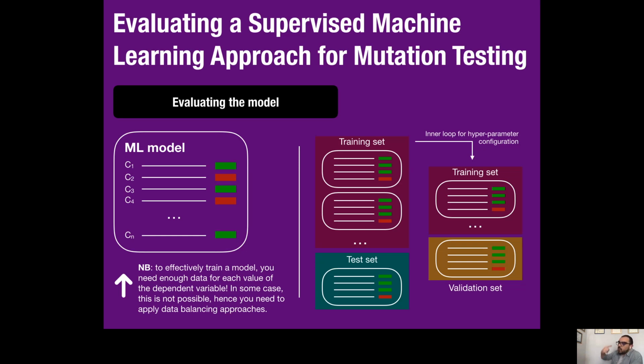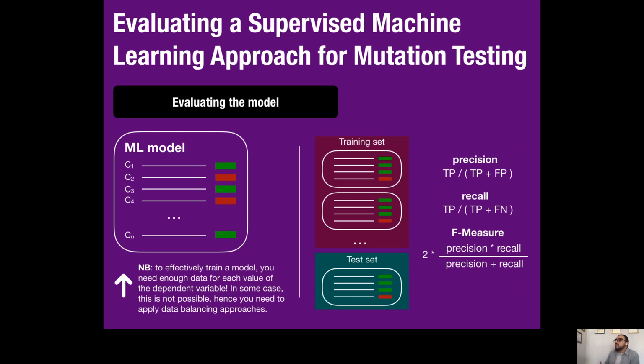In this way, you configure the machine learner on the data available in the training set. Once you have concluded this step, you come back to the outer validation, and you apply the configured machine learner on the test set.